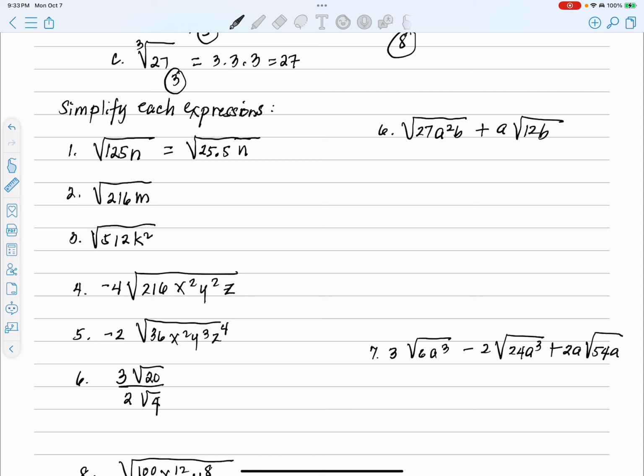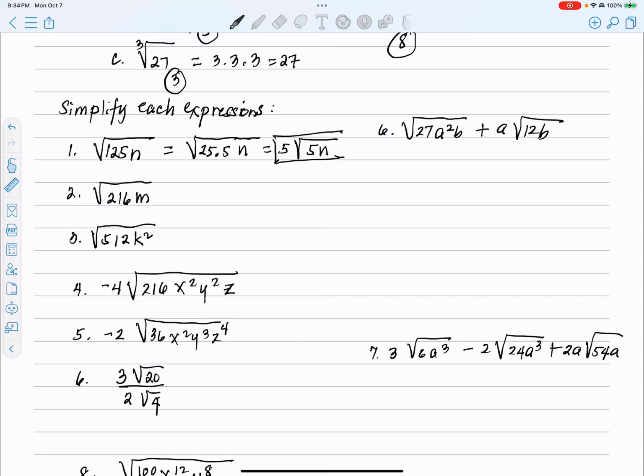That means we take out the square root of 25, that is 5, and what remains inside the radical sign is 5n.